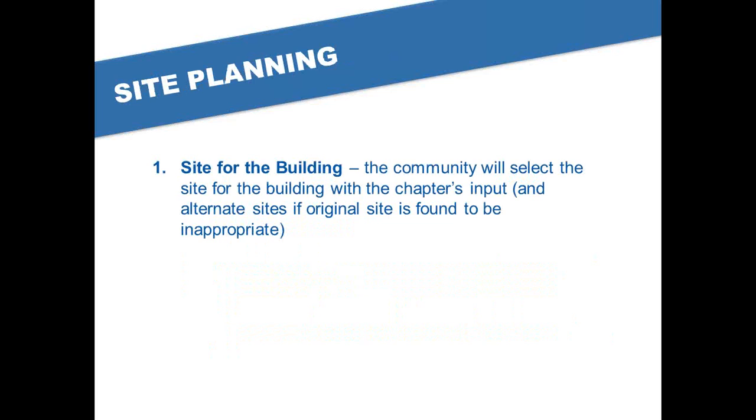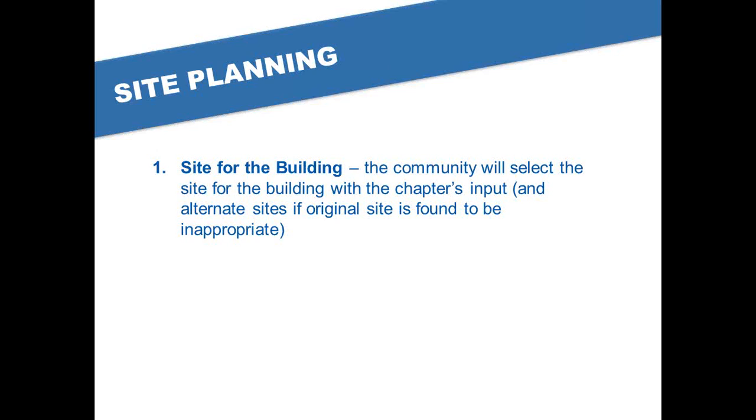So the first thing you're going to want to do, and most professional members of EWB already know this. Many student chapter members don't know this because a lot of times it's not really taught in school. Really, the first thing you have to do is some site planning.